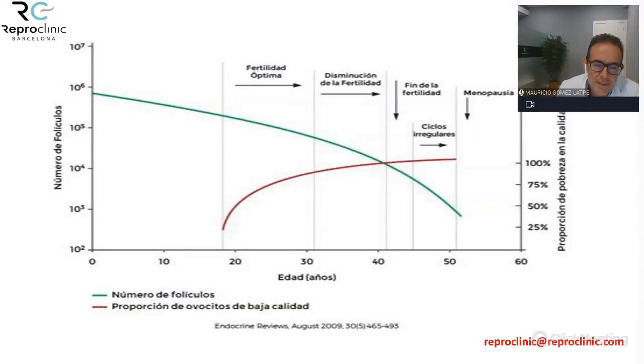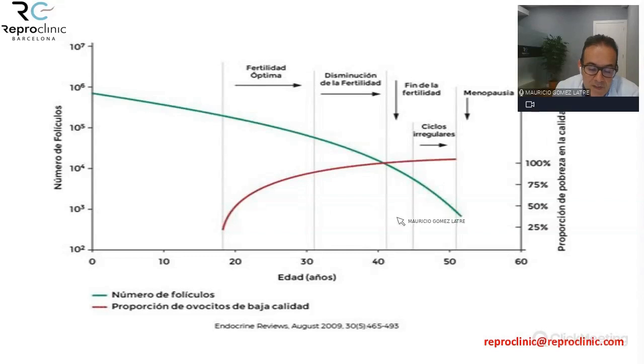Let's talk about the importance of the age. As you can see in this graph, the process of egg reduction is genetically programmed and strongly related with aging. From the birth to the 30, the number of follicles decreases slowly until the 30.